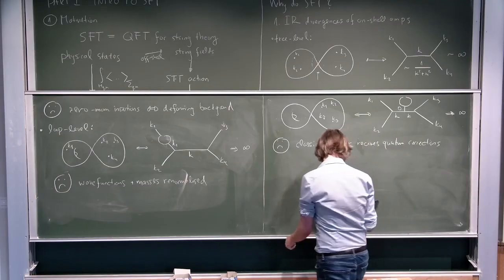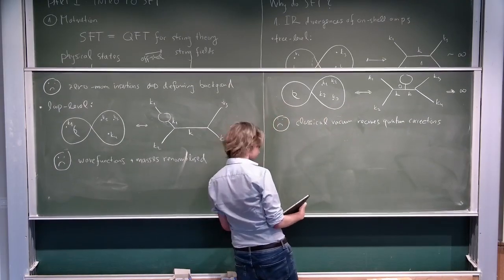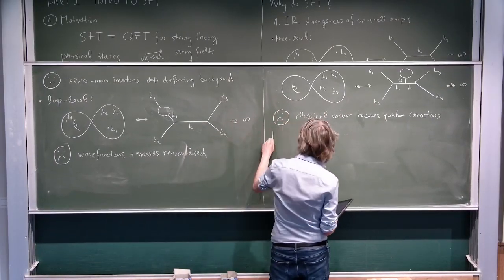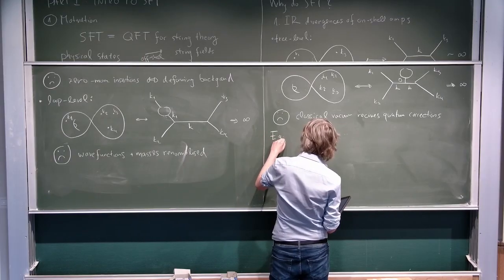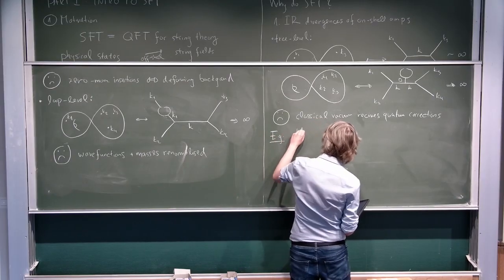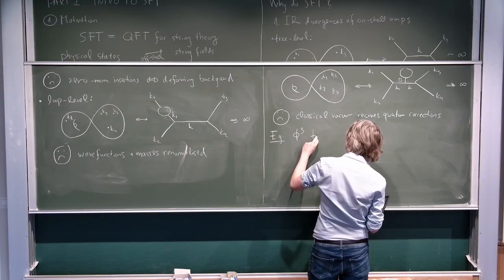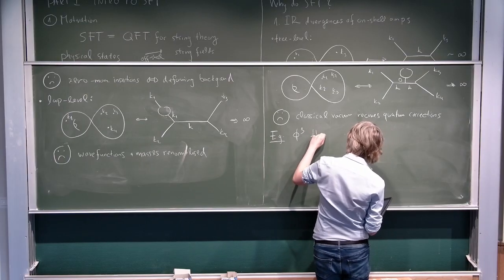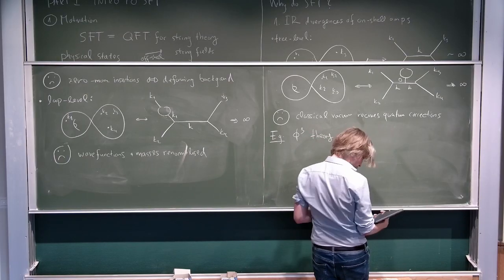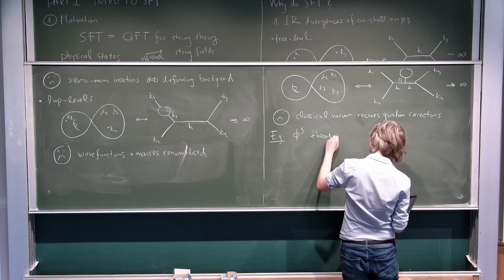So, to actually illustrate what I've just said, let me go back to a very simple example of the phi cubed theory. And at the same time, this will tell us how this problem can be resolved in a field theory language.